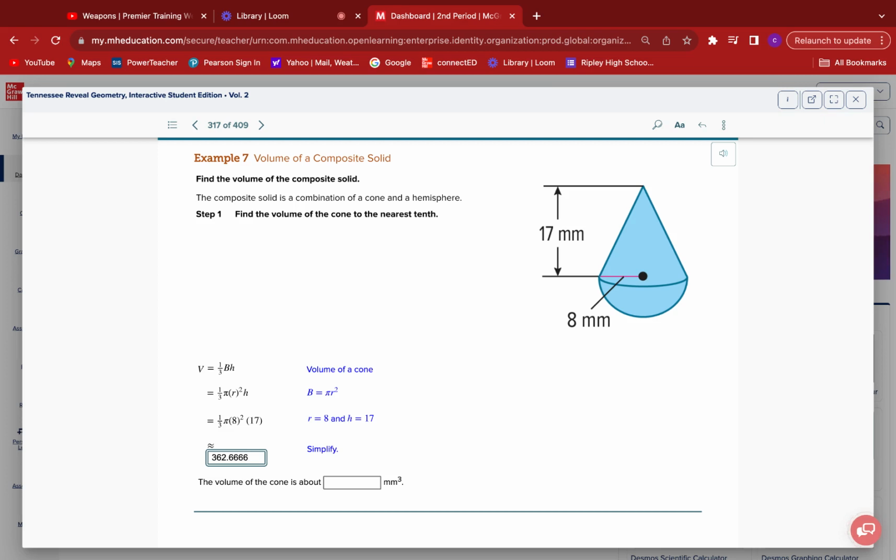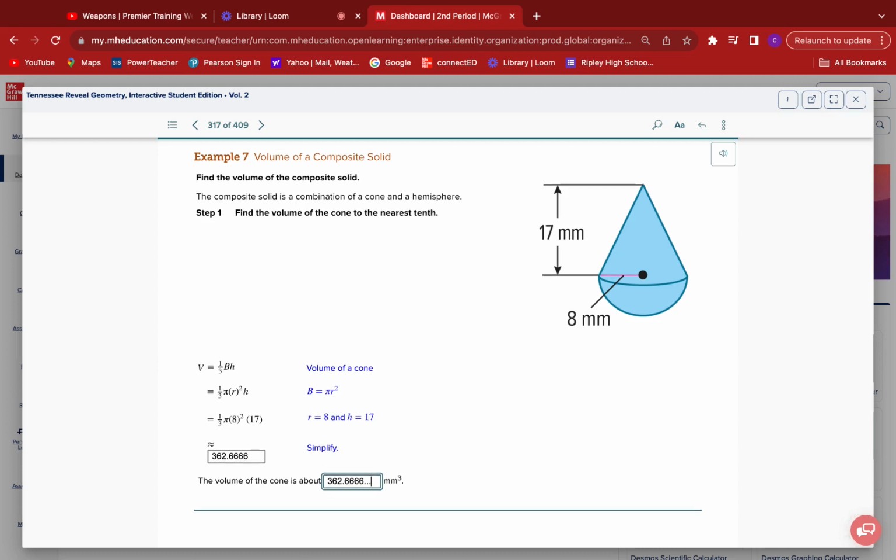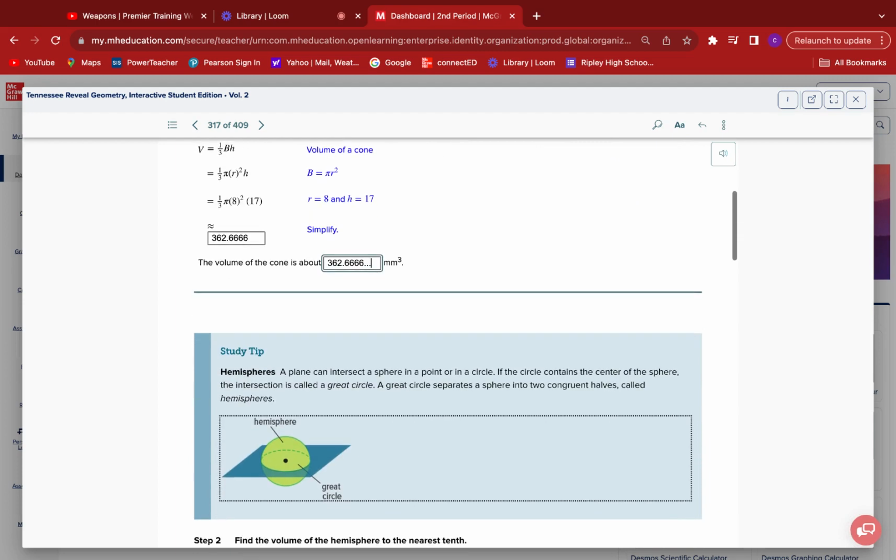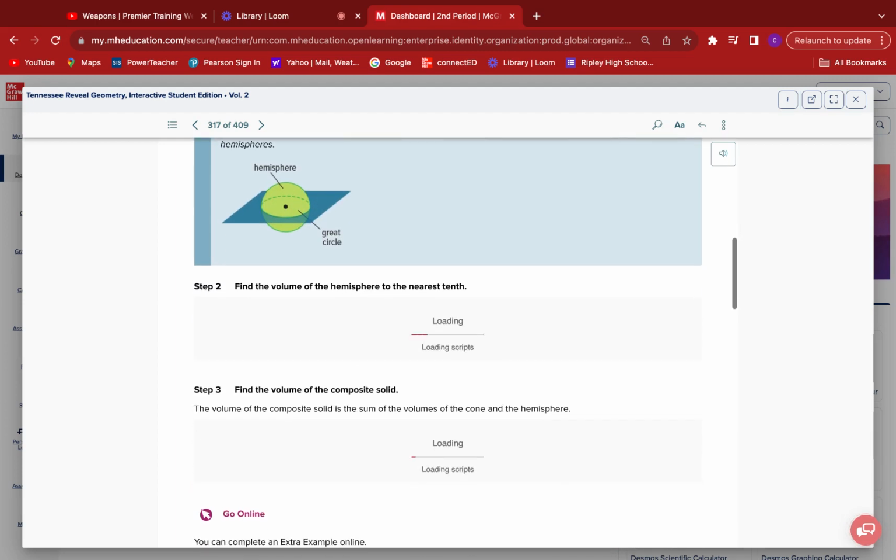Again, 8 squared is 64 times 17, then divide that by 3. Don't forget your pi. If you leave it in terms of pi, it'd be 1,088 pi over 3. All right, 362 point repeating 6 cubic millimeters.